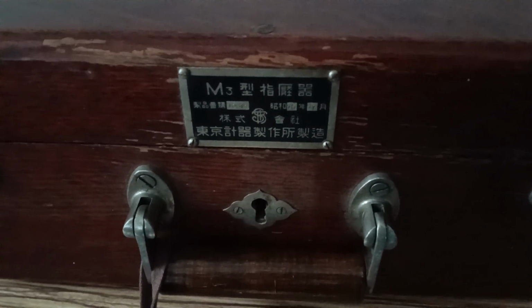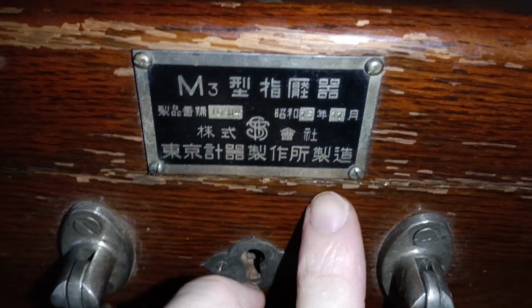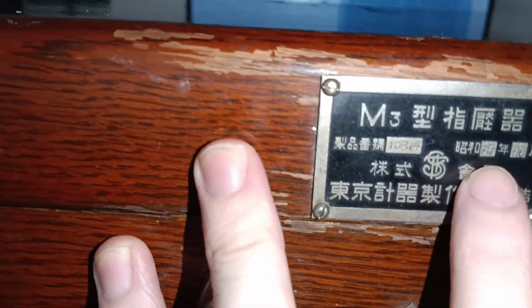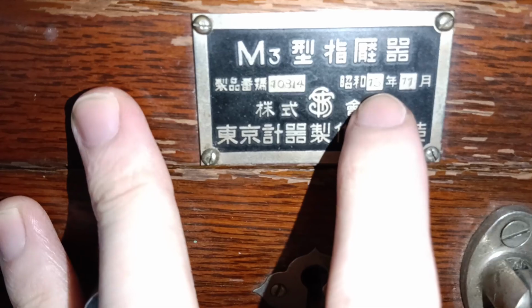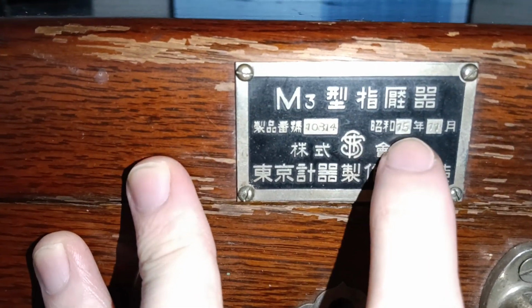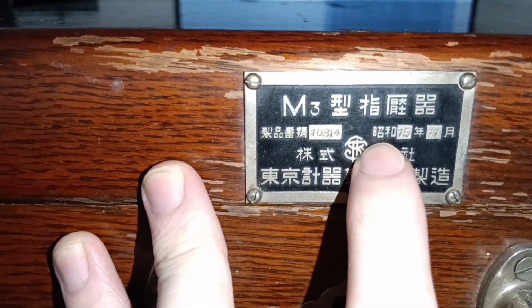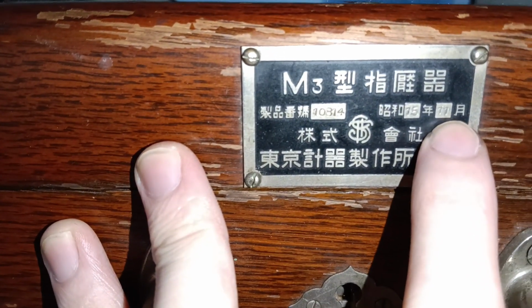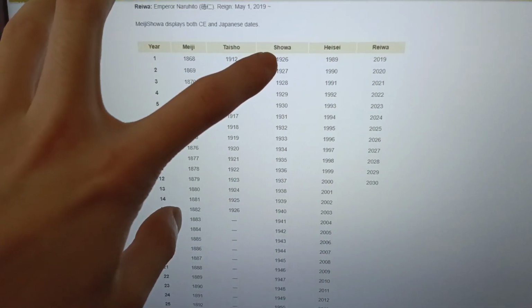And what I'm very surprised by is that if you look at the year here, this shows the year this instrument was built. It says this is some kind of Japanese year, 15 and November. I have looked this up on my computer, and it should be this one.